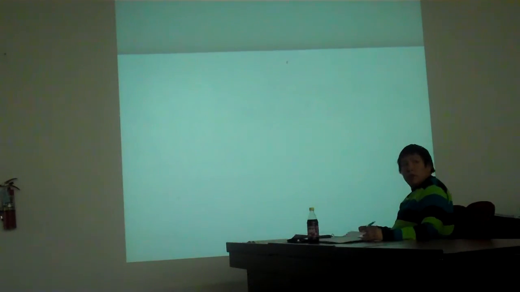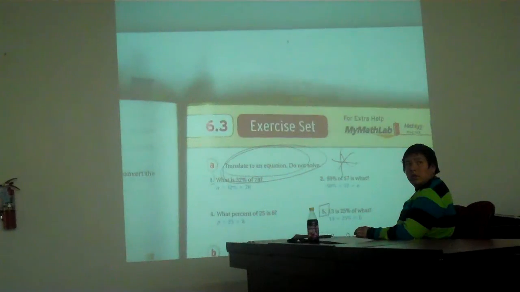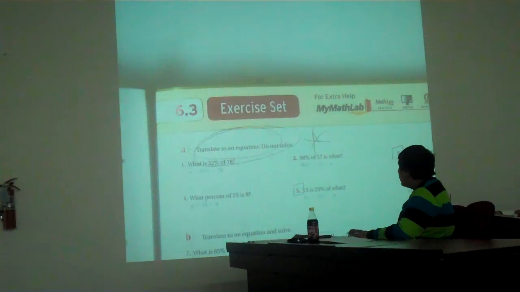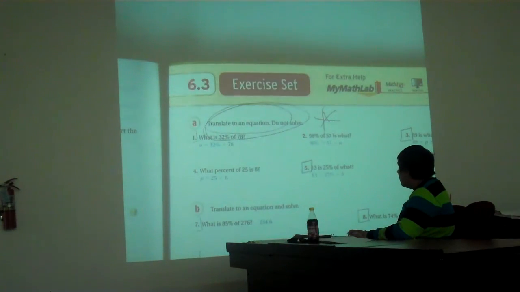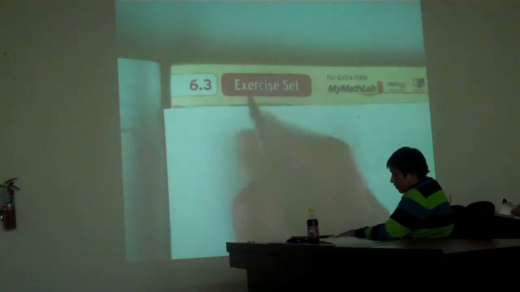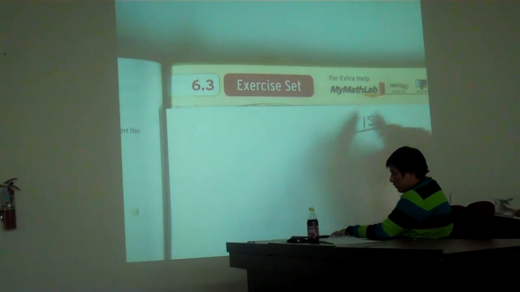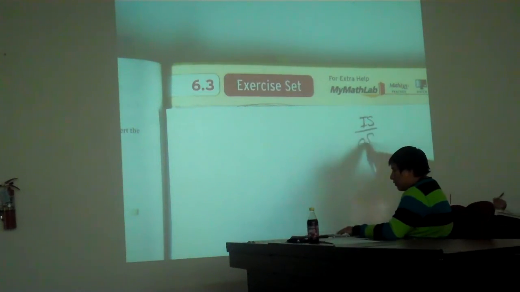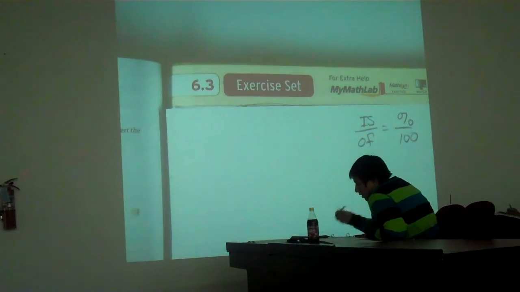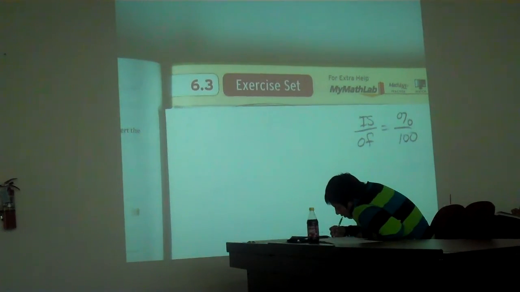You know what, on 1, 3, and 5, I don't even like the way they translate these into an equation. I want you to put it into a proportion, okay? For doing percent problems, if you'll put the is part over the of part equals percent over 100, and do that every time for your percents, then it should come out.